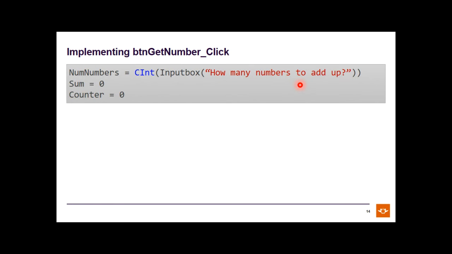Now, input boxes are like text boxes in the sense that they return a string. Because they return a string, you'll see that I use CInt there, because I need to convert the resulting input that the user provides back into an integer for my variable to store it. The question there is, do we name input boxes?